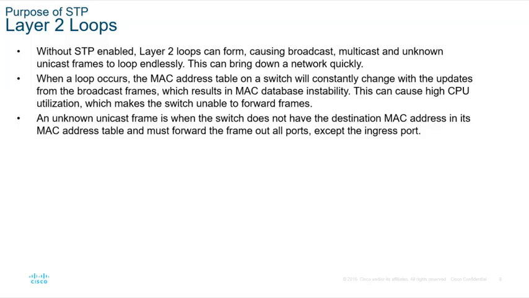So when a loop occurs, the MAC address table on a switch will constantly change with the updates from the broadcast messages, which results in MAC address instability. This can cause high CPU utilization, which makes the switch unable to forward frames.